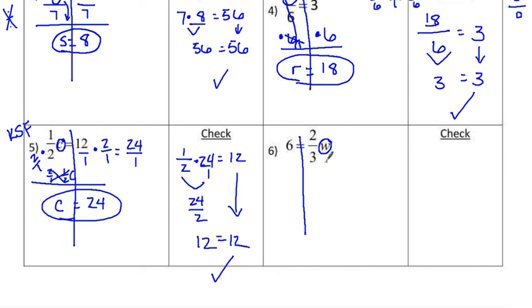Well, I need to do my keep, switch, flip because I'm not allowed to divide fractions. So I'm going to keep this one the same, switch to multiply, and then flip it over. So it's going to become 3 over 2. And I have to do the same thing on this side, times 3 over 2.